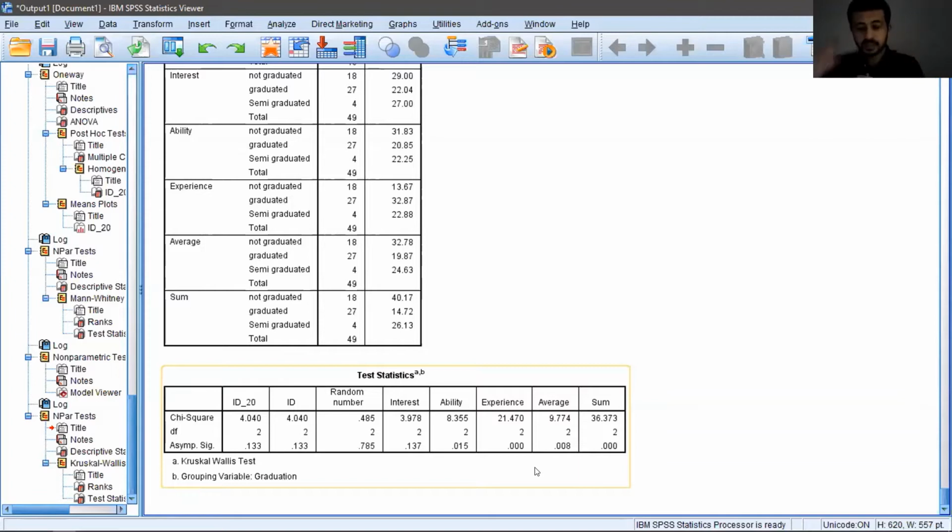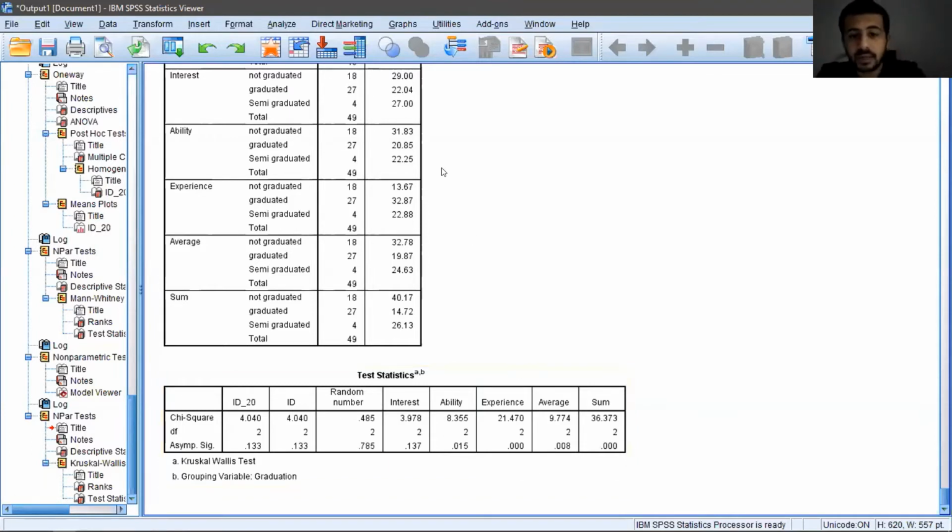You can do that by splitting the file, by using crosstabs, or whatever. Is that okay? So now we learned the Mann-Whitney test and the Kruskal-Wallis test.